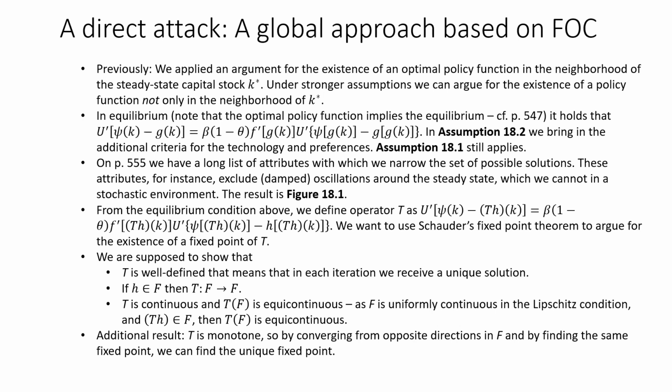So simply put, we must check if the assumptions underlying the fixed point theorem hold. So we show that T, the operator, is well defined, by which we mean that in each round of iteration we have a unique solution.